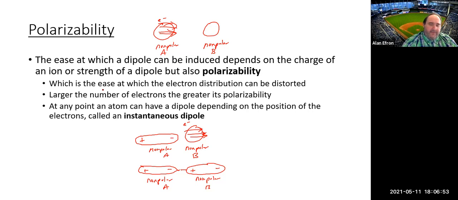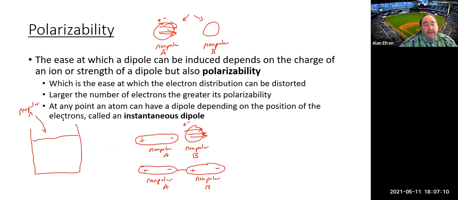If you think about it, in most cases we're not talking about two isolated, individual nonpolar molecules. If you have a beaker where you dump nonpolar A in there and you dump nonpolar B in there, you get lots and lots of these molecules all floating around. So it's consistently happening.